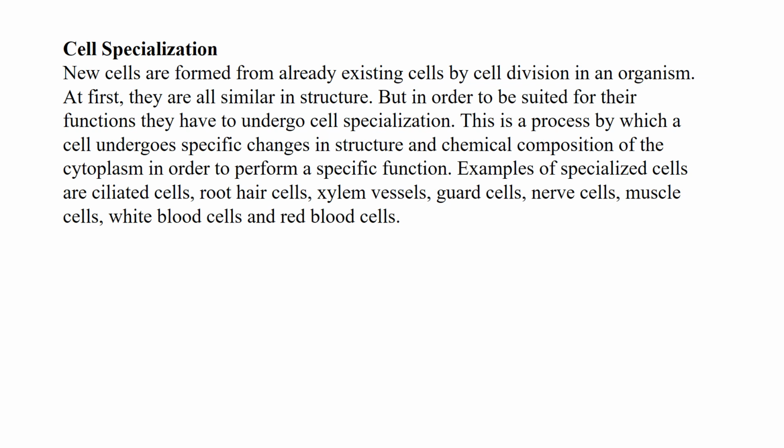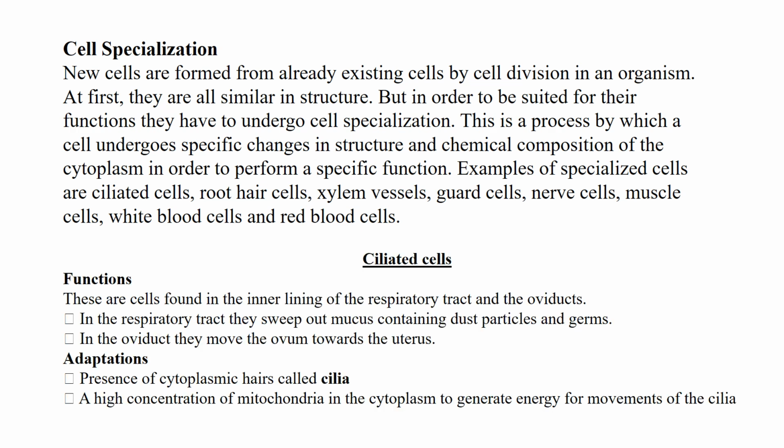These are just some of the specialized cells that we have, and we are going to look at them one by one so that we can have an insight, a better understanding of these cells. Right, so we are going to start with the ciliated cell.